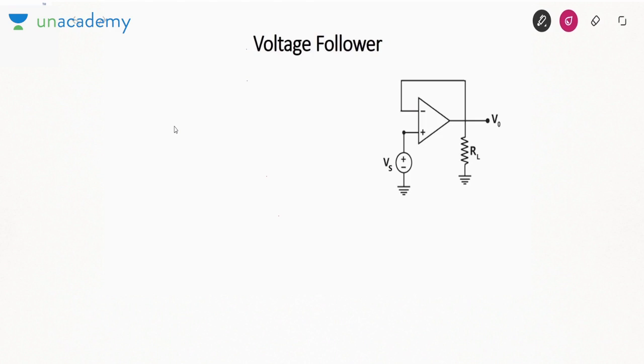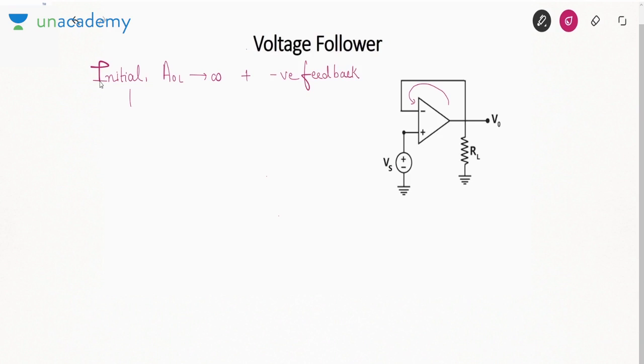So the next circuit is your voltage follower. Now initially here I'll assume, what should be my first assumption? That open loop gain tends to infinity, and due to this, plus we have negative feedback, the combined effect of them is that virtual ground can be applied, okay.